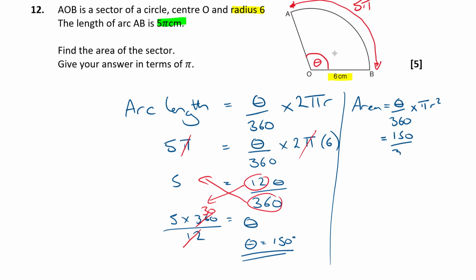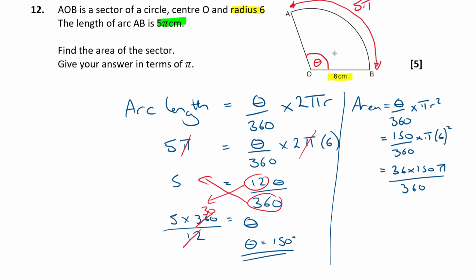So I've got 150 over 360 of pi times r squared. R, remember, is 6. So it's pi lots of 6 squared. So that is going to give me 36 times 150 pi over 360.